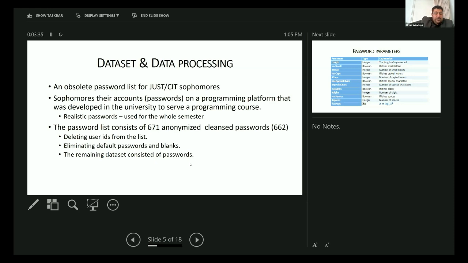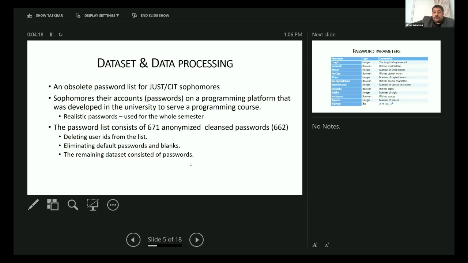They were asked to create their accounts and pick their passwords for this programming platform that we developed in-house for this course. So we can assume those were realistic passwords, and we also assumed the students were taking it seriously to protect their assignments and tasks. But we found out that this is not the case, as I will show at the end.